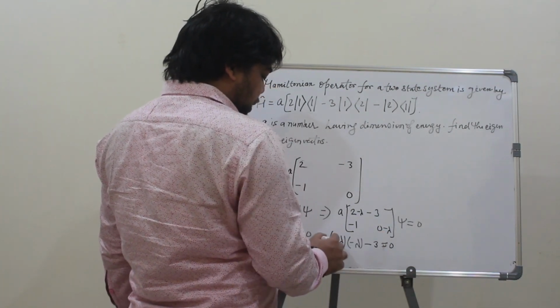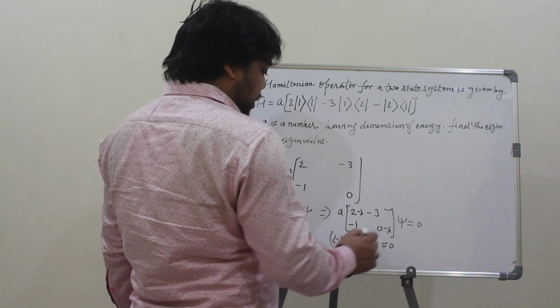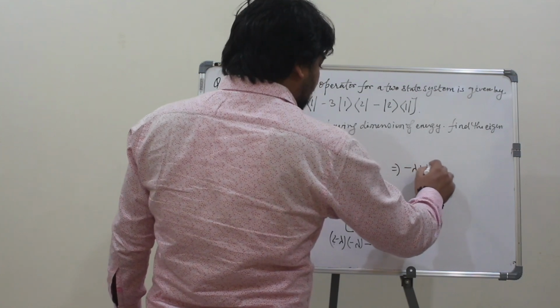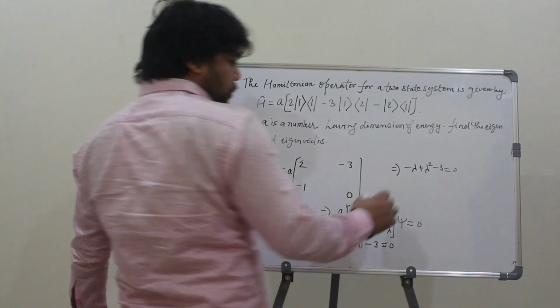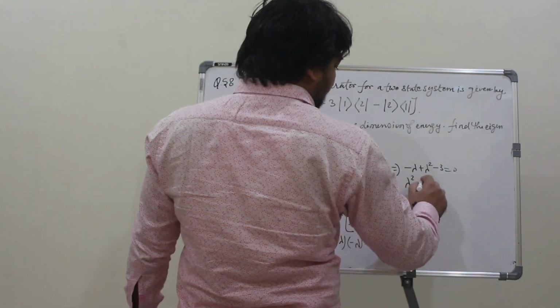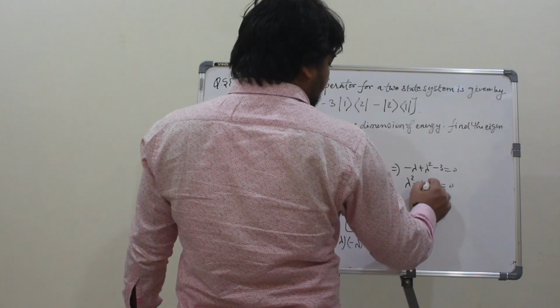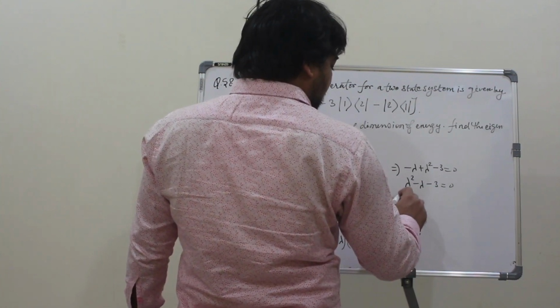Now just simplify it. So it is lambda square minus lambda minus 3 equals 0, right? So let us solve it.